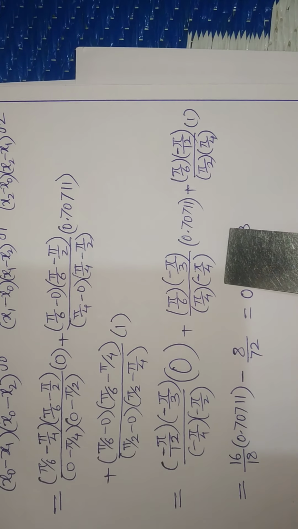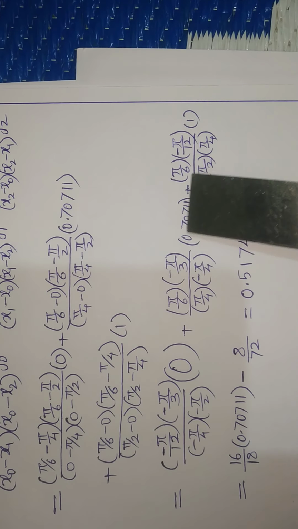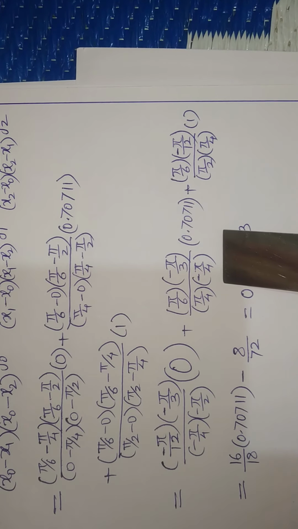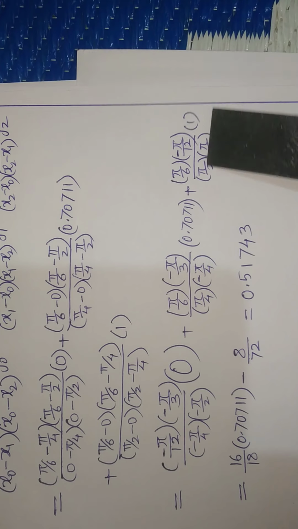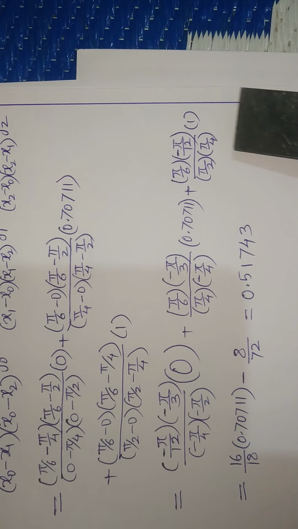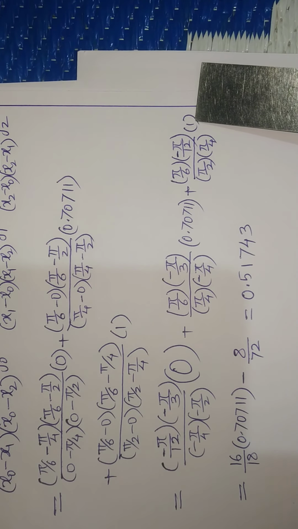The next value says it is pi by 6 into minus pi by 3. I hope you can calculate it, divided by pi by 4 into minus pi by 4 and multiplied by the functional value, and plus you have pi by 6 into minus pi by 12, very simple calculation, and in the denominator you have pi by 2 into pi by 4 and multiplied by the functional value. So simple.